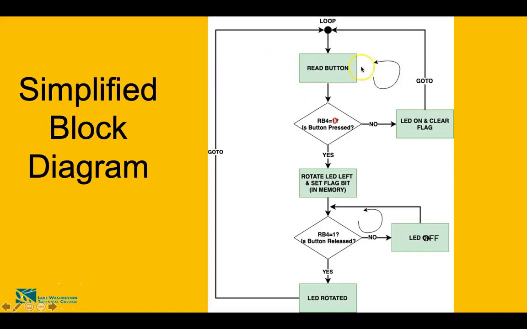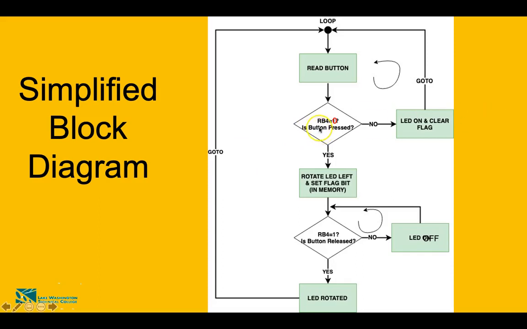Okay, so it's going to read the button, and then there is a decision box which says, if RB4 equals 0, is the button pressed? When your button is pressed, at that time your RB4 is cleared, it is equal to 0. So it's asking the question whether the button is pressed or not.